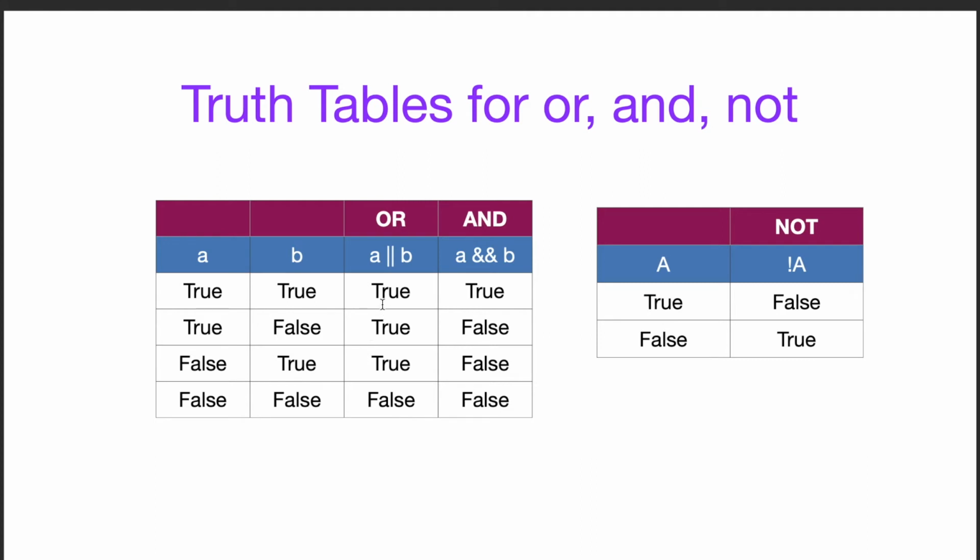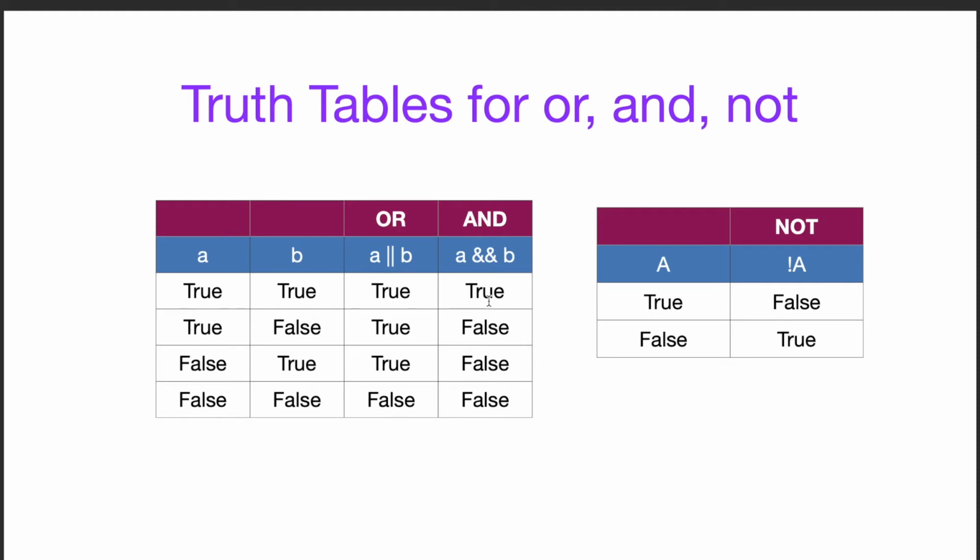So as you see, for the first one, both of them are true, so the result is true. And here in the second row, a is true, so the result is true. So minimum, we need to have at least one true. In this case, the result will be true in this column for or. And for the last one, we don't have true, so the result is false.